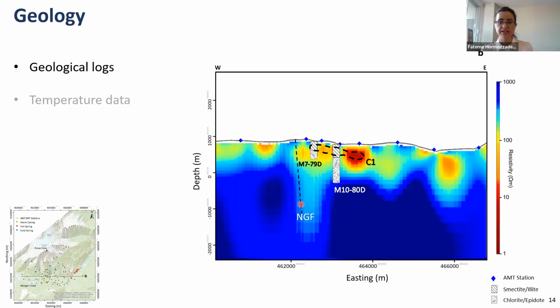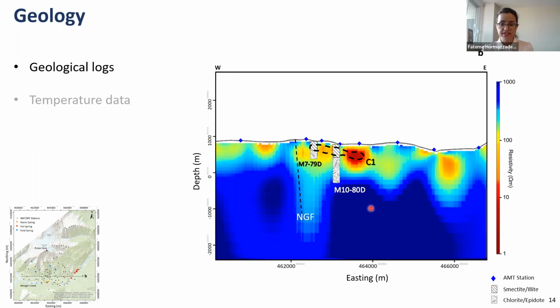These wells show two zones with different alteration minerals, based on the reports and interpretations, and also the reports that are available on the Geoscience BC webpage. So there is a smectite-illite alteration zone in the top and a chlorite-epidote zone below that in most of the boreholes.